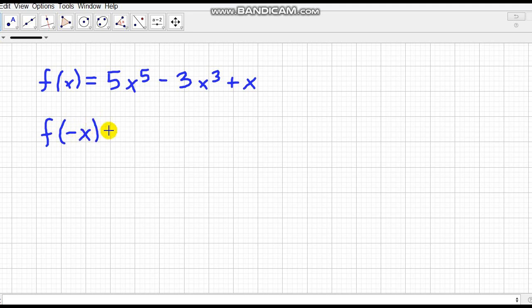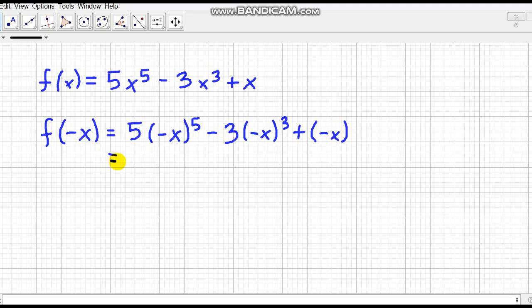So we'll have f of negative x is equal to 5 times negative x raised to the 5th power, minus 3 times negative x cubed, plus negative x.